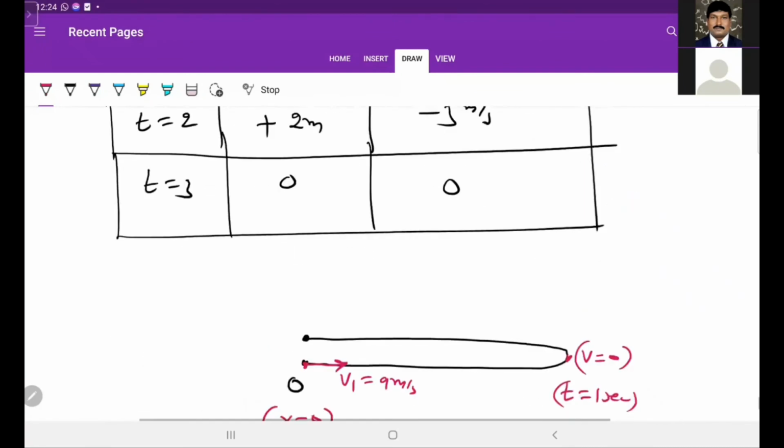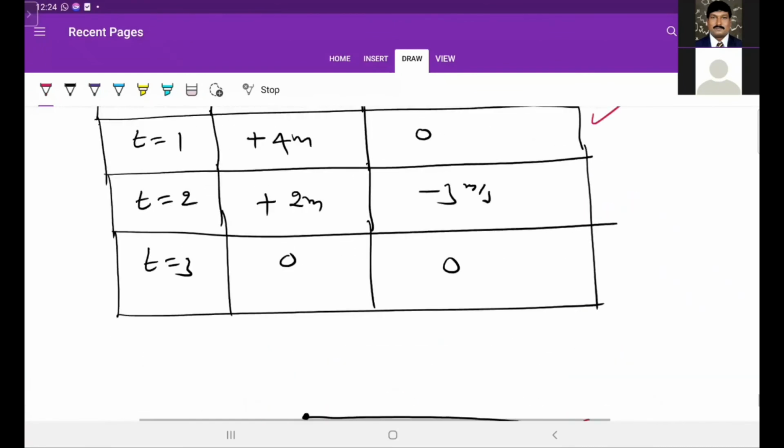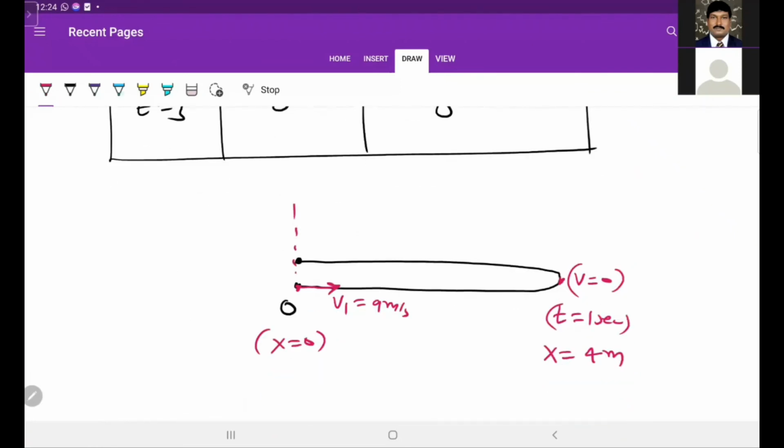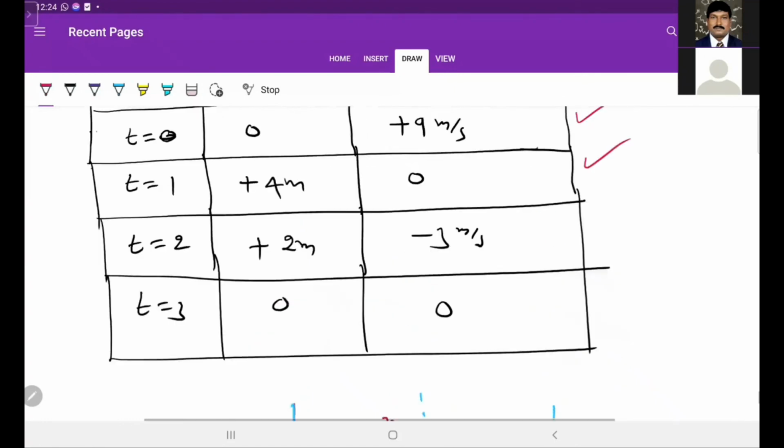After 2 seconds, the particle is now moving left side. After 2 seconds, now its position is, see, these are the positions. So it's the first position after 1 second, and next after 2 seconds, when time is 2 seconds, the particle is now moving left side with velocity 3 meters per second, from the third box, left side.